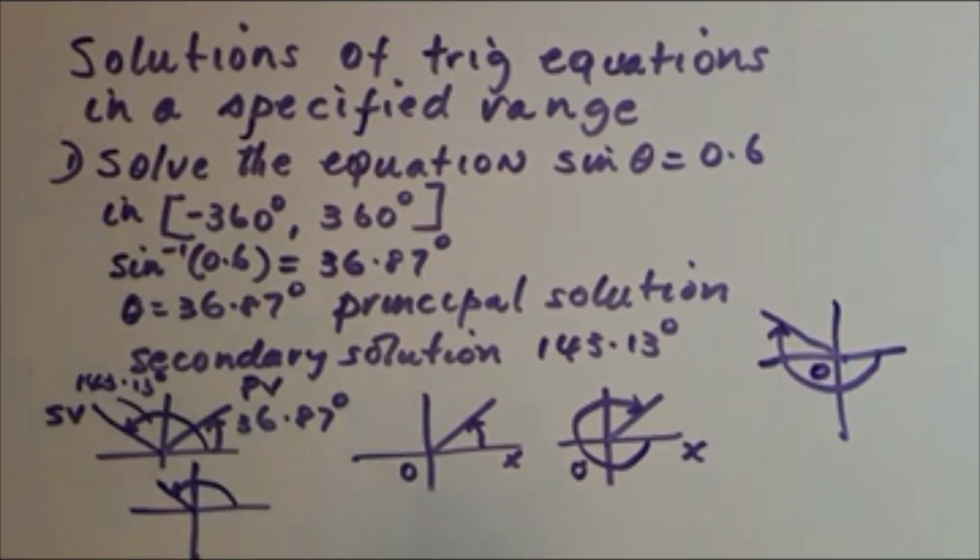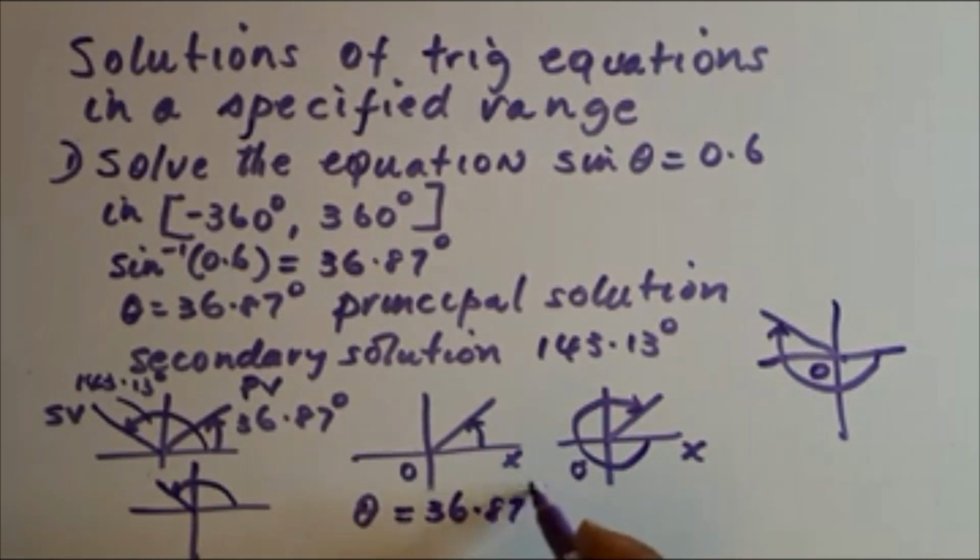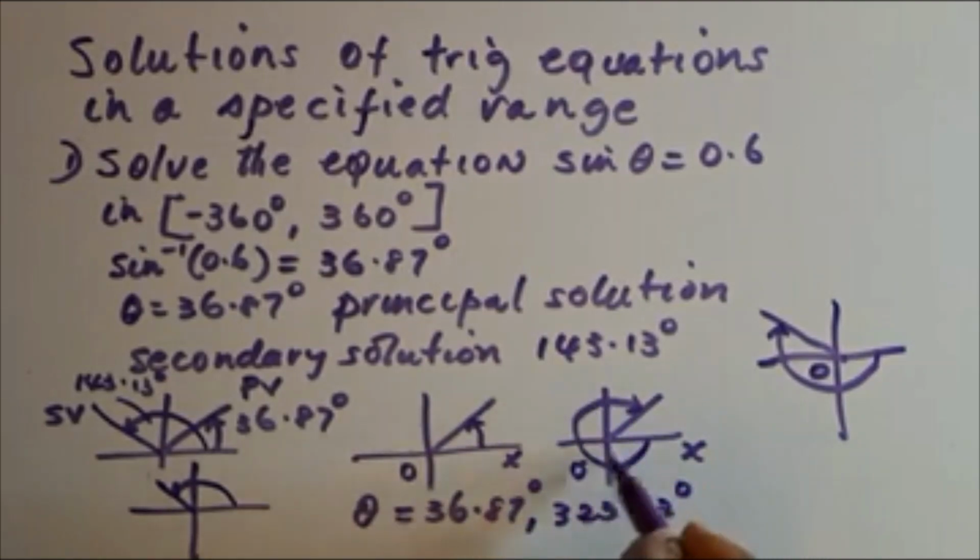So here, this gives us, and we'll list the values of theta, which is equal to 36.87. That's the principal value or principal solution. We have 323.13 degrees. That's this diagram here.